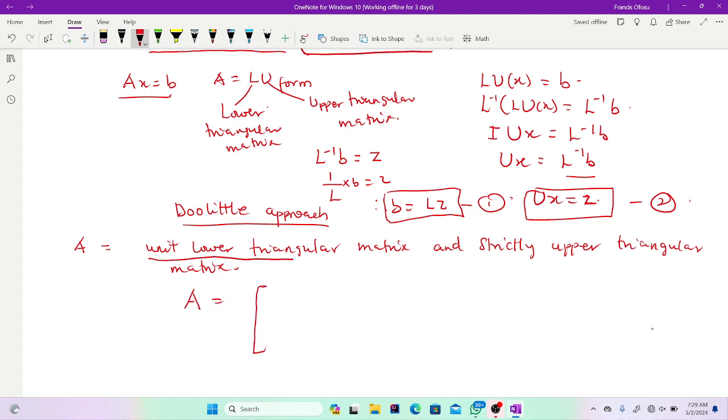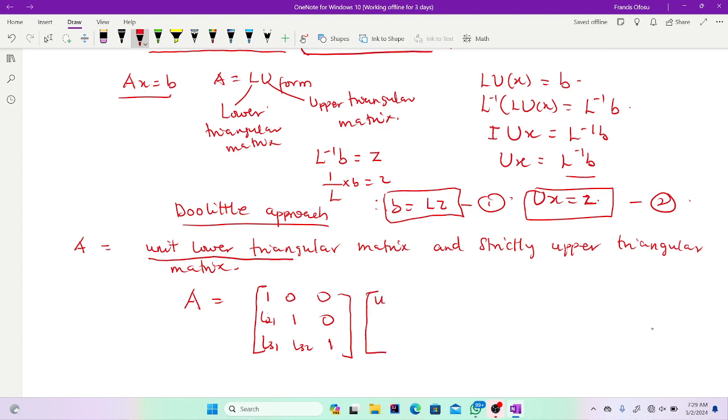the L part is represented as 1, 0, 0, we have our L21 here, then 1, 0, then we have L31, L32, then you have 1. So this is what we call a unit lower triangular matrix. Then this will be multiplying a strictly upper triangular matrix.